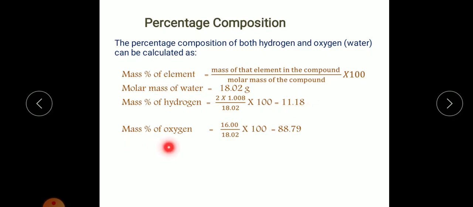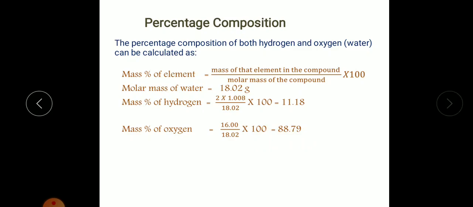Similarly, mass of oxygen we can calculate. Mass of oxygen will be 16. Why is it 16? Because we have got only one oxygen atom and the atomic mass is 16. So 16 into 1 divided by 18.02, or you can write 18, into 100, that will come as 88.79. So this is how we can calculate the percentage composition of the elements.